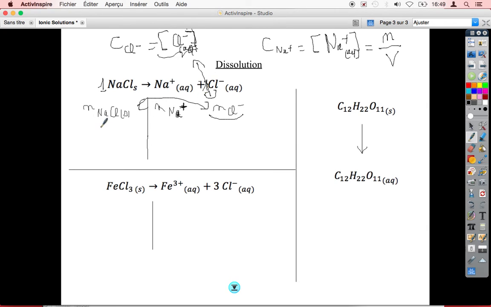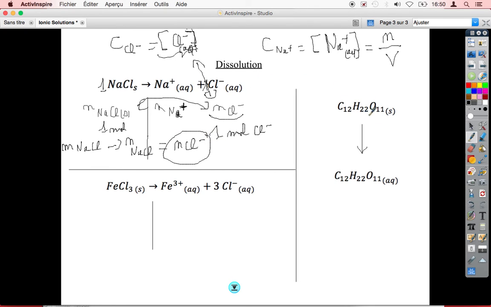So if we add 1 mole of NaCl, we get 1 mole of Cl-. So in this case, this is really easy. We know the initial mass of NaCl, so we get the chemical amount of NaCl, and we know that it's equal to the chemical amount of Cl-. This is what we're looking for.